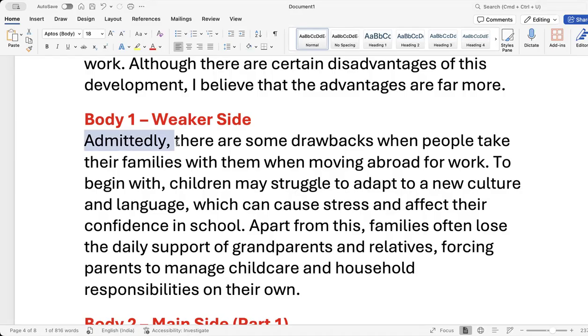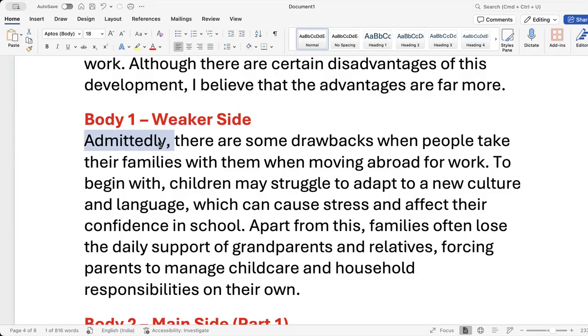You don't agree with him completely. Your main opinion is totally different, but you agree with certain points of his. You agree that there are certain drawbacks, but you say overall it is beneficial. In the long run, if I consider the overall picture, it is beneficial, but you admit that there are certain drawbacks. So admit is always used with the weaker side.